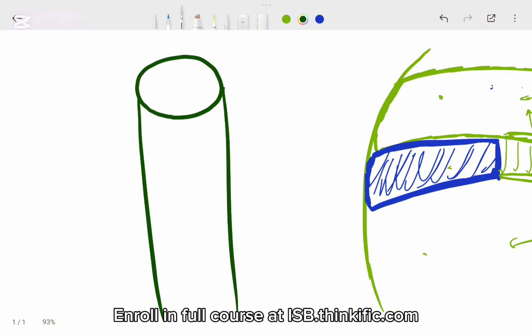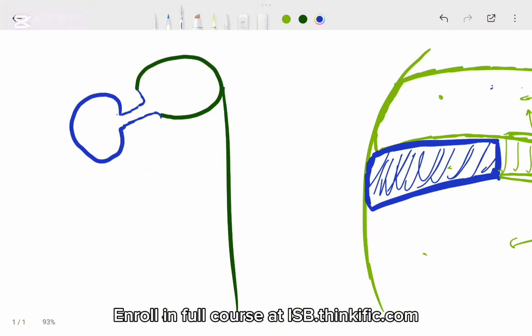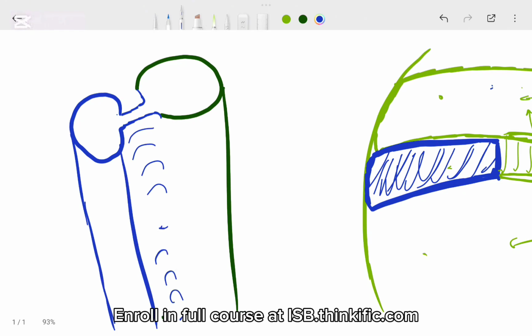What's that? This thing will give rise like this. I'll show you. I'll give it a different color. And another tube forms here.